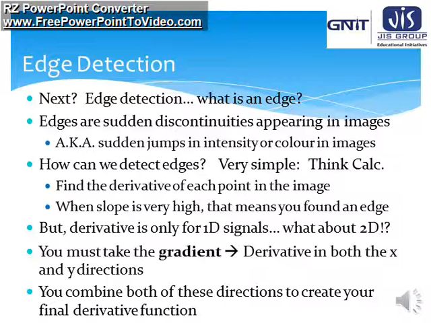But derivatives are only for 1D signals. What about 2D signals? You must take the gradient, that means the derivative in both the x as well as y direction. You combine both of these directions to create your final derivative function to have the final edge detection.